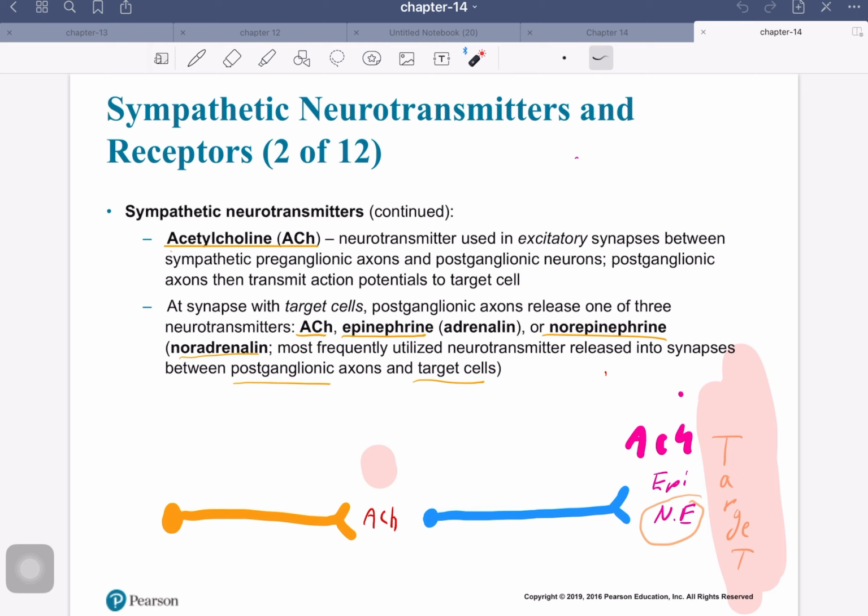So at the synapse of the target cells, as I just said, it's either ACH, epinephrine, also known as adrenaline, or norepinephrine, also known as noradrenaline. Now, which one is used most often? Noradrenaline is the most common one between postganglionic axons and their targets.